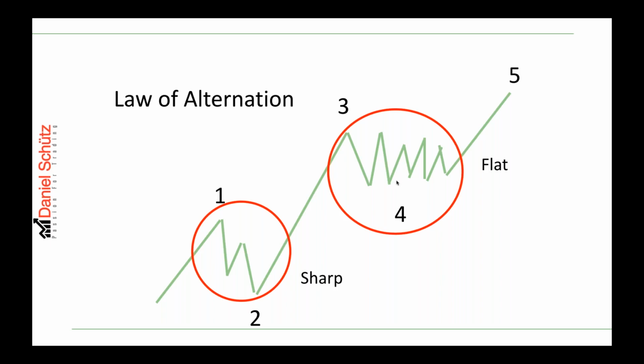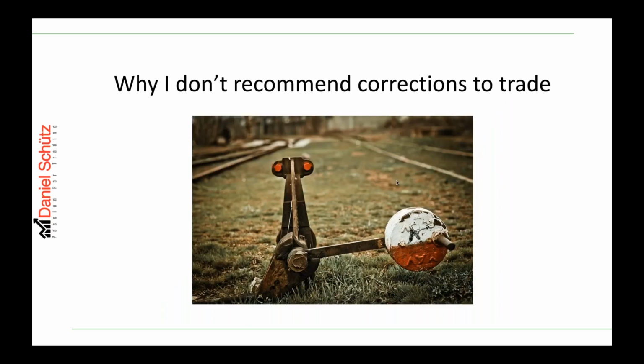And the opposite, if wave 2 is very flat, then we can expect a very sharp correction wave at wave number 4. That's the law or the rule of alternation.